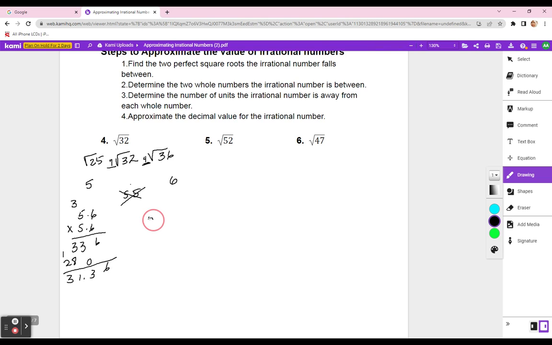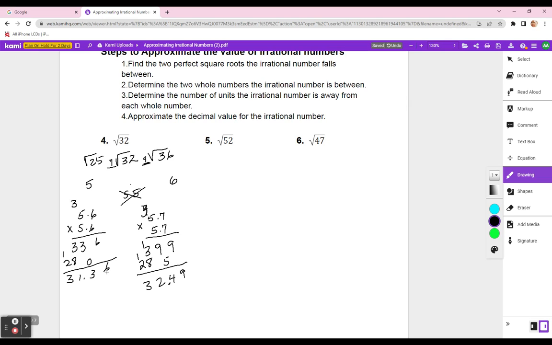Let's see if 5.7 would be a better estimate. Okay, so 32.49, we're 0.49 units away from 32.